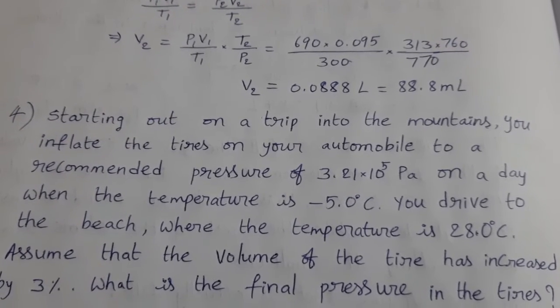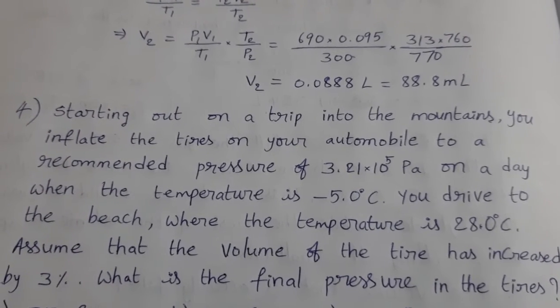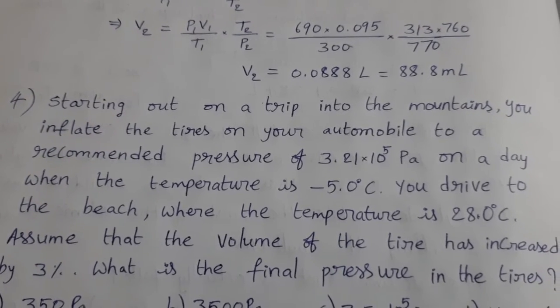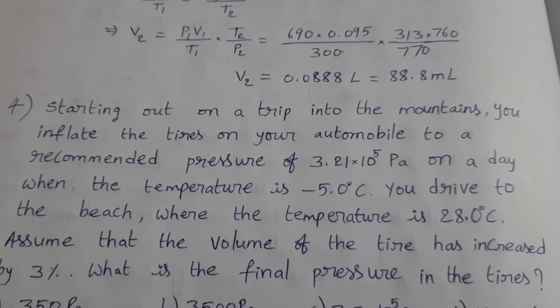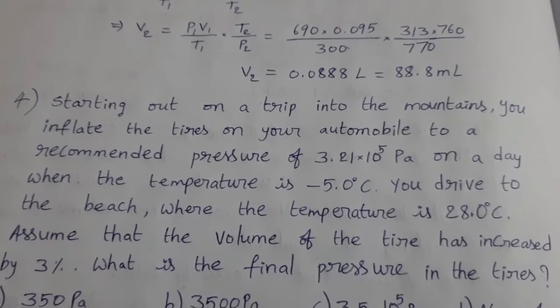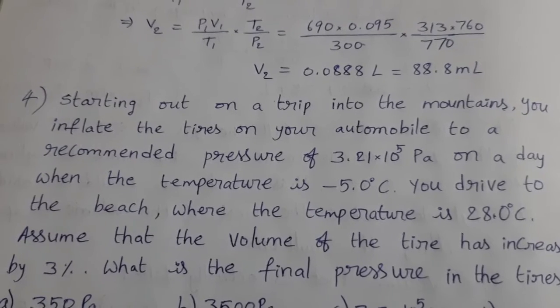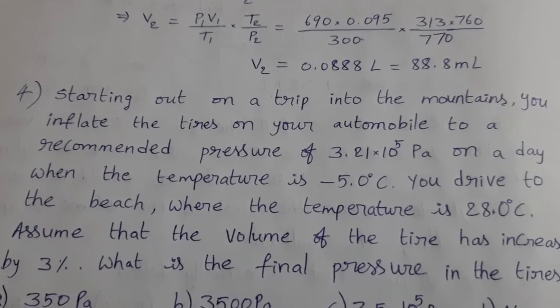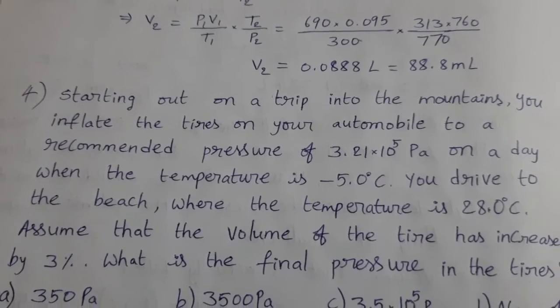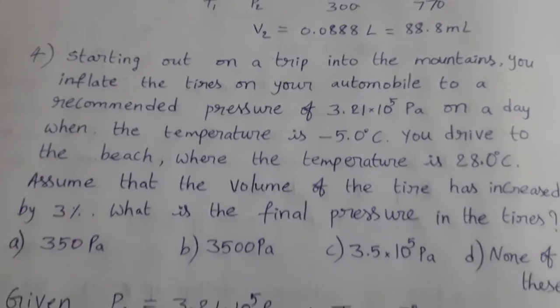Assume that the volume of the tire has increased by 3%. What is the final pressure in the tires? So initial pressure and temperature are given, final temperature is given, final pressure we should find out, but related to volume they mentioned a condition, 3% volume is increased. Okay, see the answer.